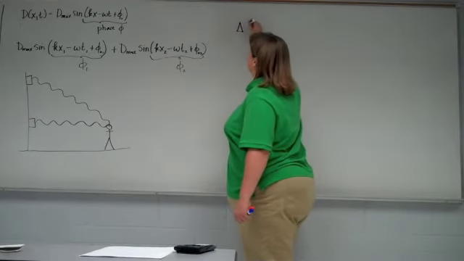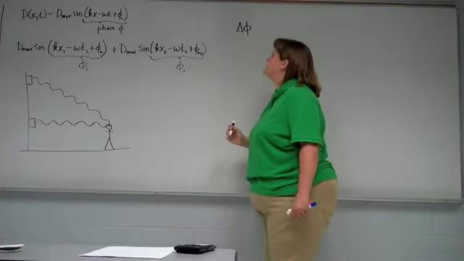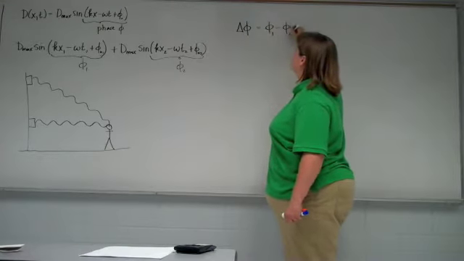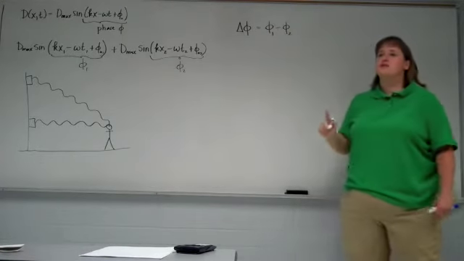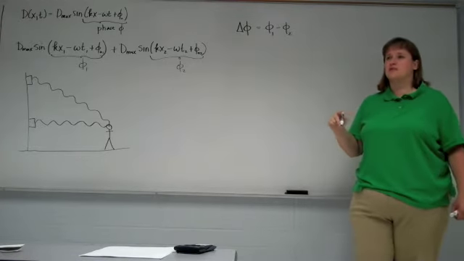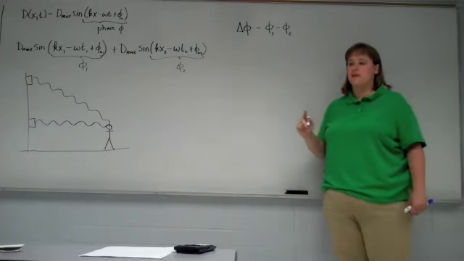The difference between the phases, the delta phi, phi1 minus phi2, determines whether or not we get perfect constructive, perfect destructive, or something in between.